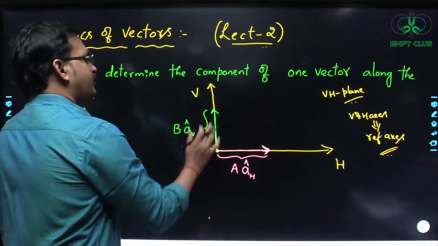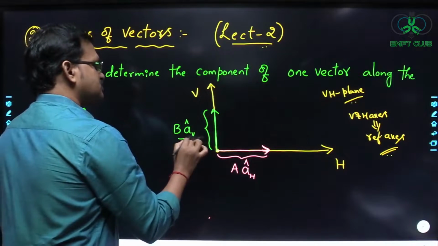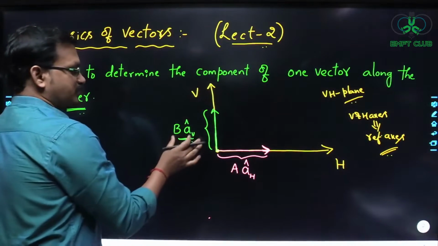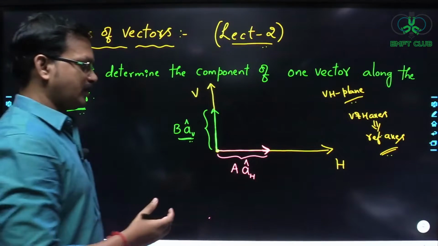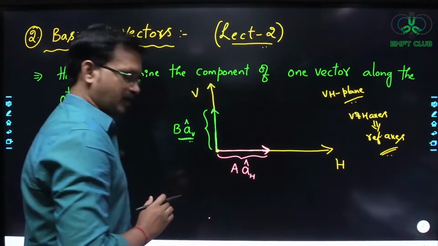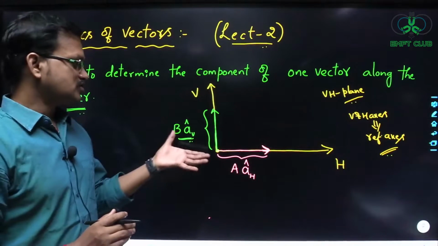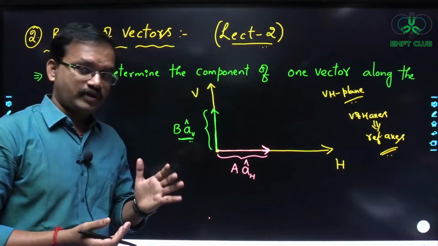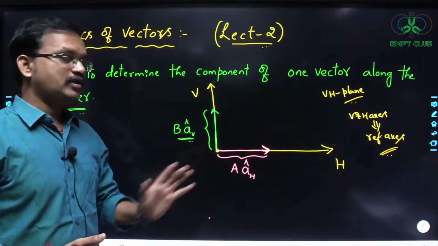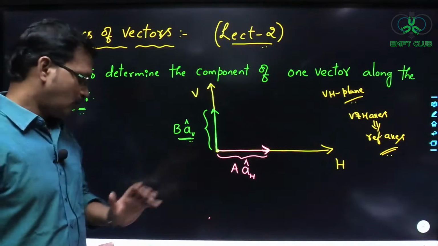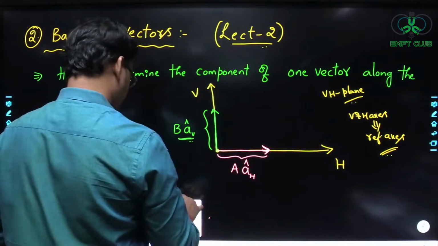Whenever the vector is pointing along the vertical direction, you can easily represent it as simply B times a_V cap. If it is pointing along the horizontal direction, we represent it as A times a_H cap. Understood? This is how we can easily represent a vector that is pointing along our reference axis. Now we will see another case.